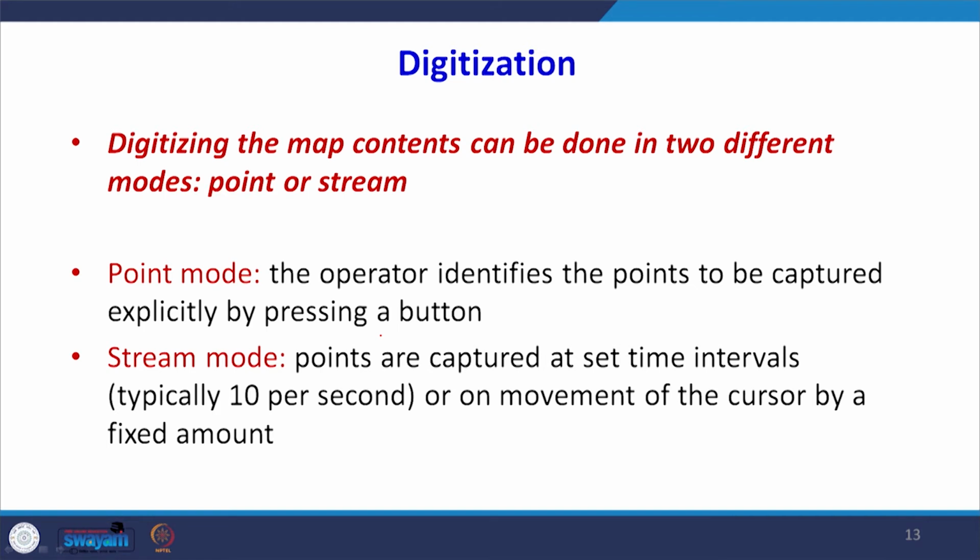Now when you are doing the digitization of the maps, there are two ways by which you can carry out the digitization. One is the point mode, another is the stream mode digitization. So it is clear from the name itself what we are doing. At any point you click, and that point is basically registered by the software and it determines the coordinates of the point.